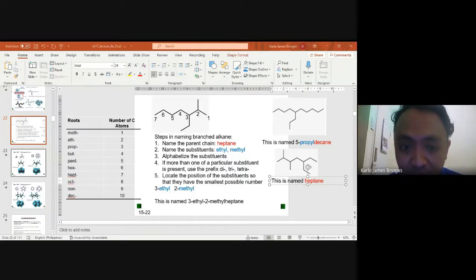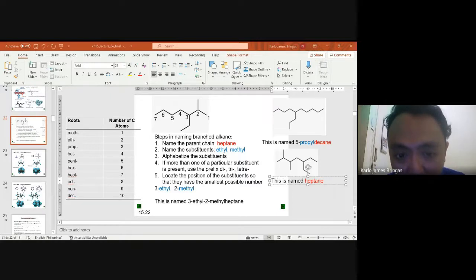So kindly tell me the names ng substituents for this one. Okay. So medyo advanced siya. So I'm just looking for the names muna.